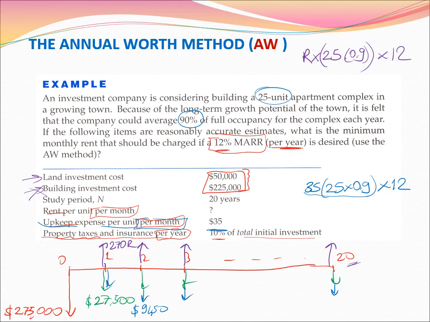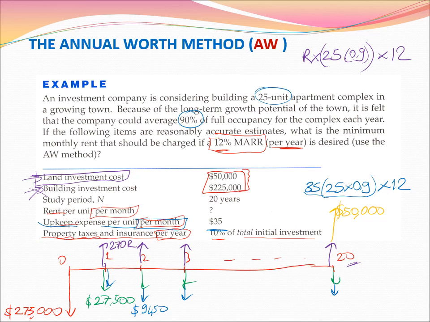Okay, but the land, which is 50,000, it will remain. So at the end we will have, let me use a different color, this salvage value of the land, and that land will not lose any value. It will remain the same, 50,000. So this is the cash flow.